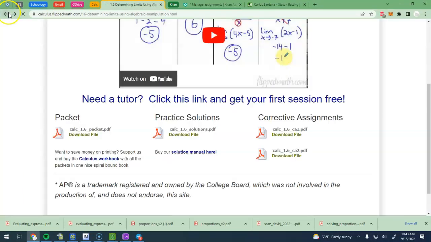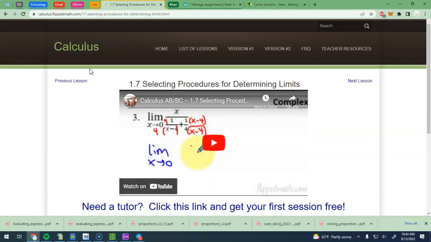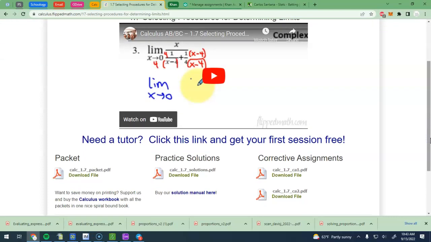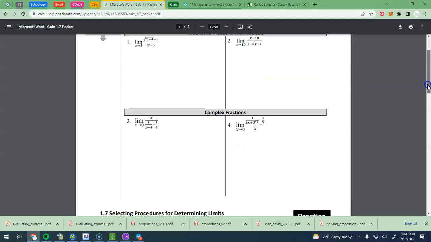Alright, let's look at 1-7. I can pick out a couple in here, or you can tell me if you already looked at it, like, hey, this one looks rough. Any that you specifically want me to do, or should I just pick a couple of each that look representative?